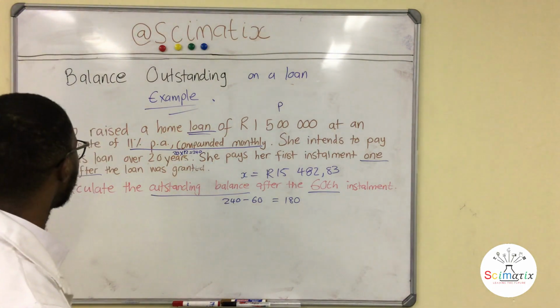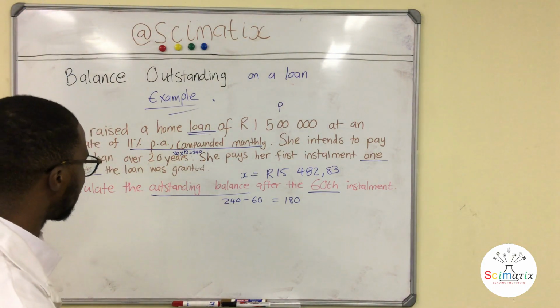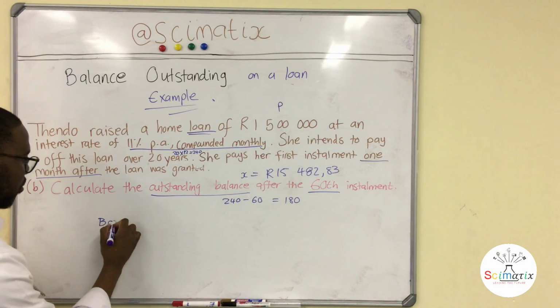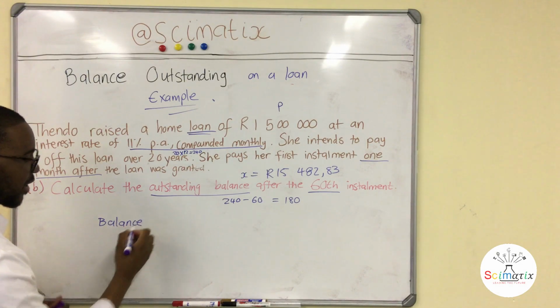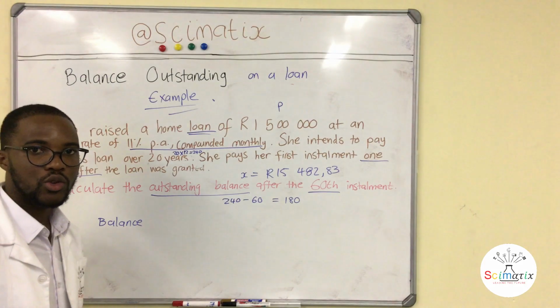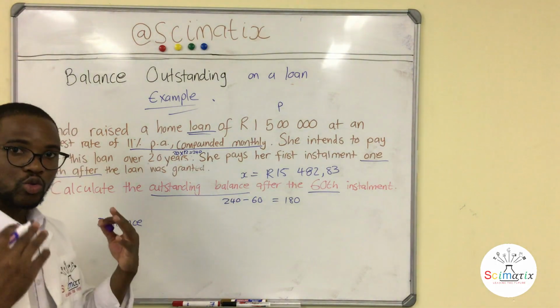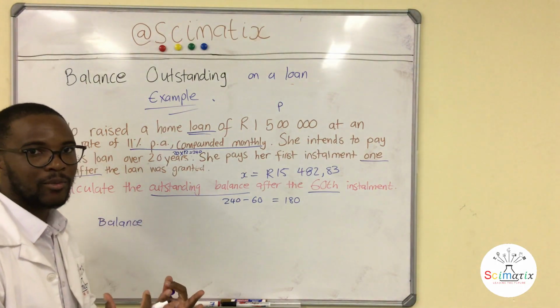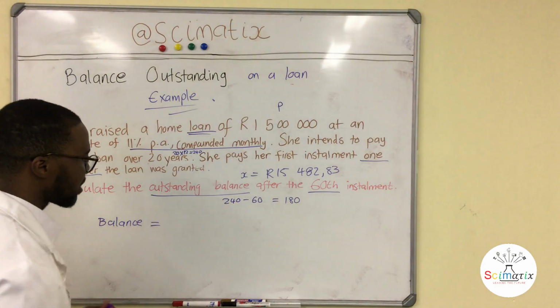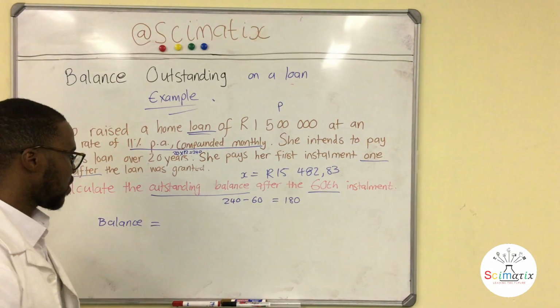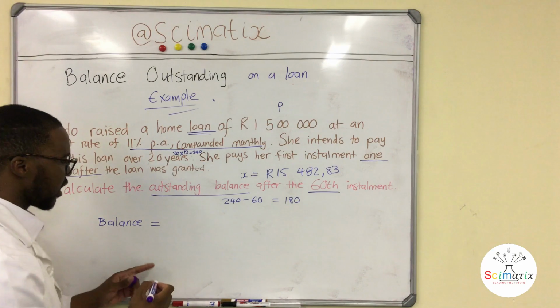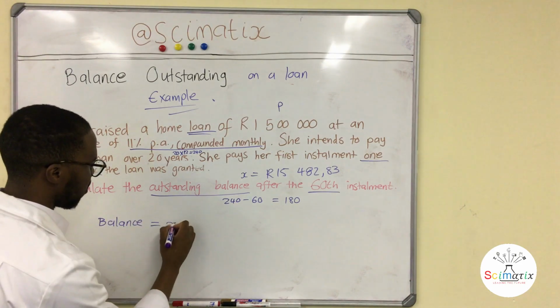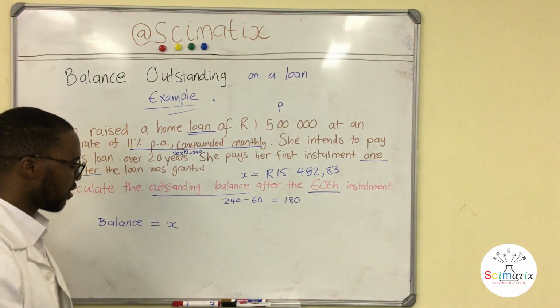Now, next, what we need to do is go back to our formula. The beauty of financial maths is we have a lot of formulas that we can use, so it's very valuable that you memorize them or at least understand them. Over here, if you remember where we started, I'm just going to put in variables for now.